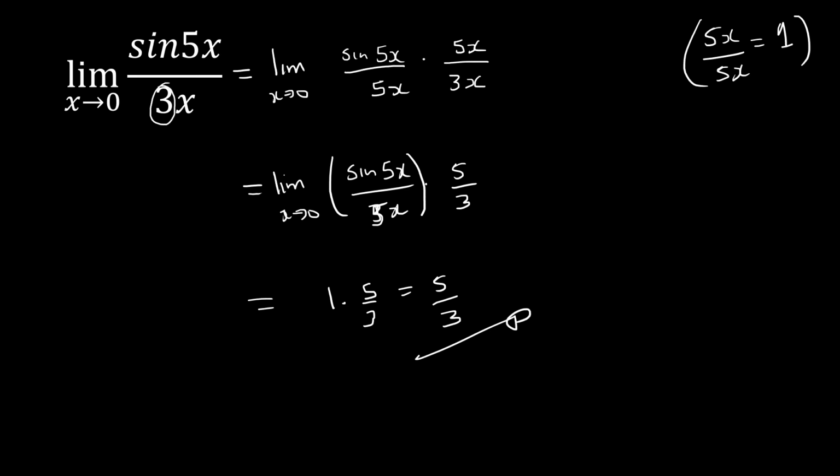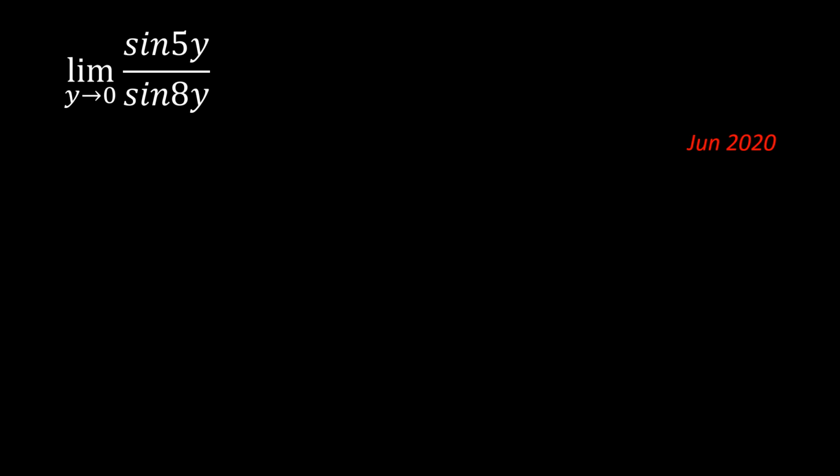Sometimes they can get tricky, like this one. Not too tricky, but let's work it out. Remember, I need 5y at the bottom, so I must multiply by something.